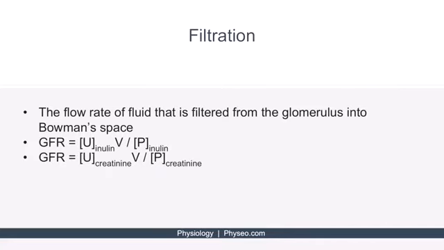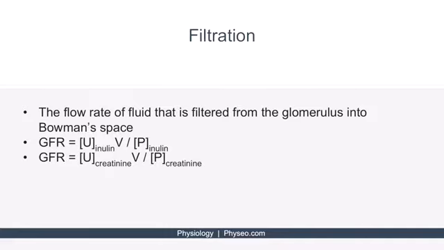Moving on to filtration, the first equation is glomerular filtration rate, or GFR. GFR is the flow rate of fluid that is filtered from the glomerulus into Bowman's space. GFR can actually be determined using the clearance of inulin or the clearance of creatinine.